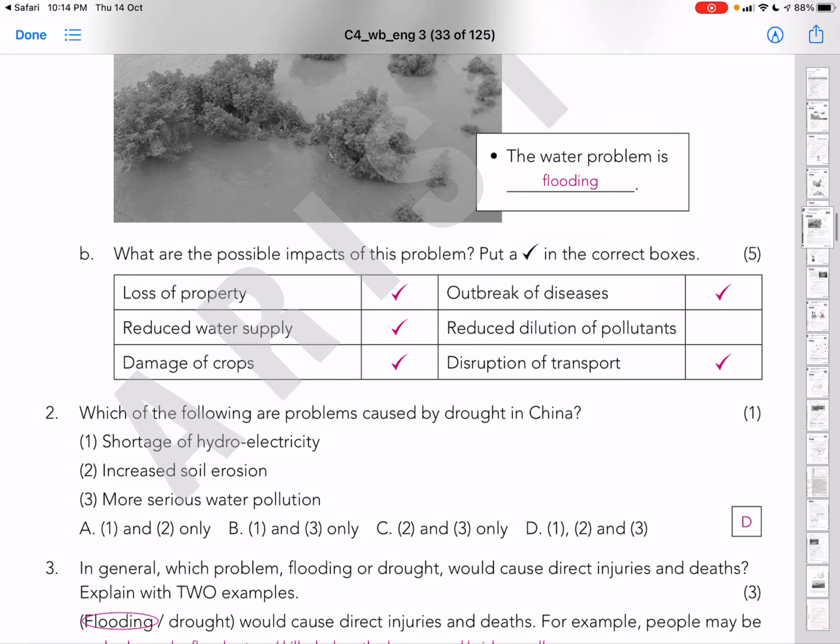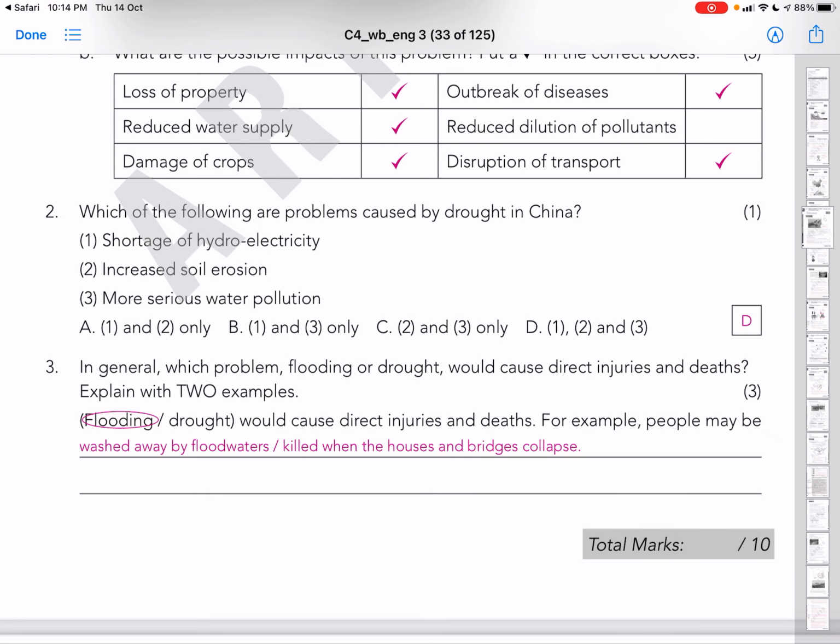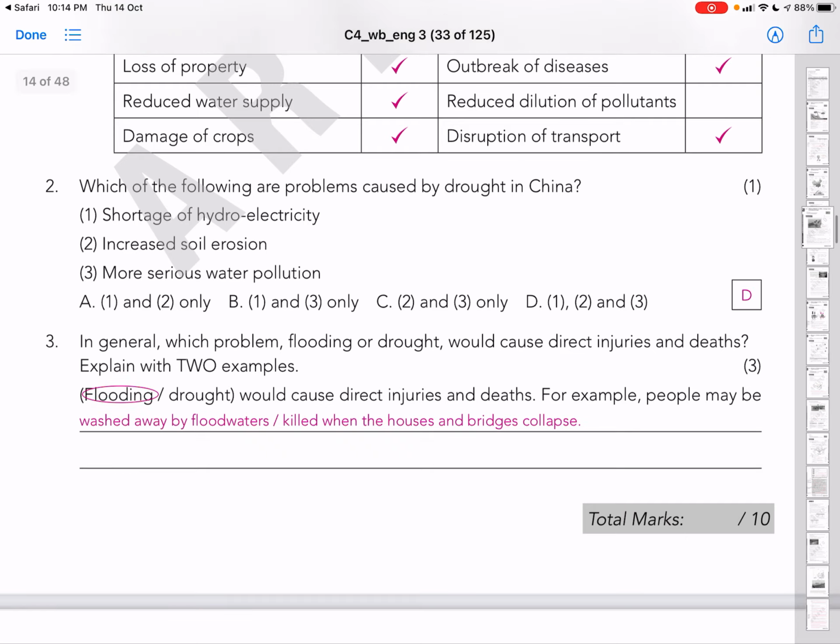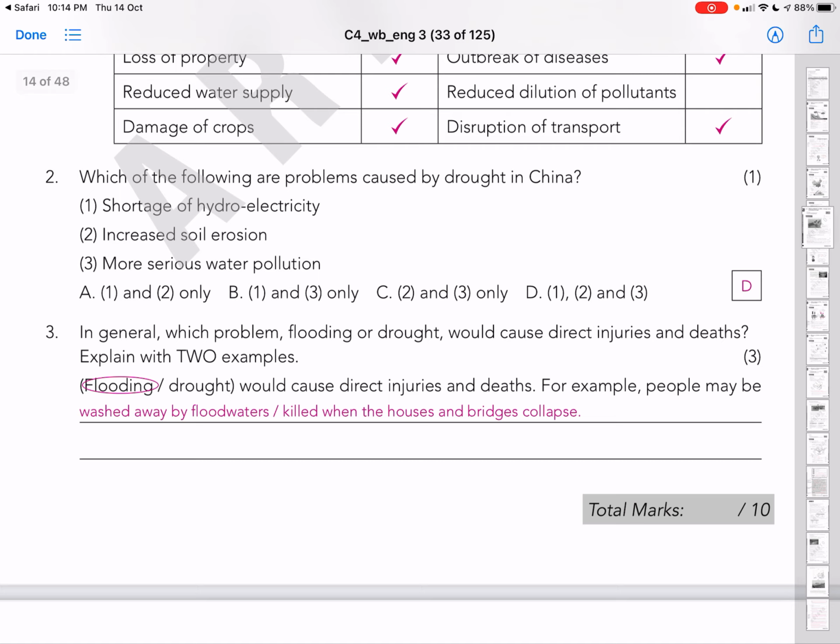Disruption of transport, which is flooding of the road, which makes the driving of cars and navigation difficult. And what are the problems caused by the drought? Shortage of hydroelectricity. We lack water to turn the turbines in order to generate electricity.